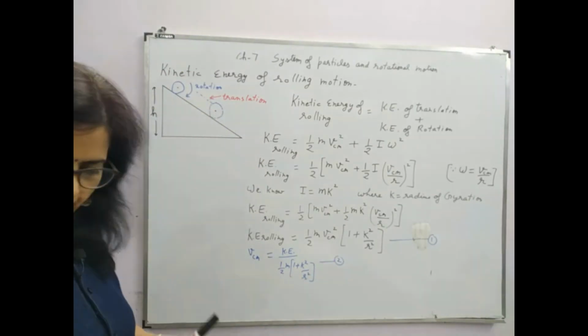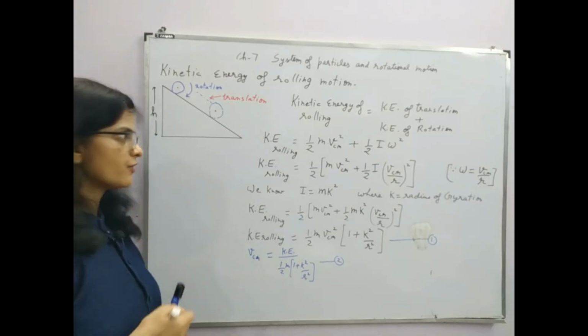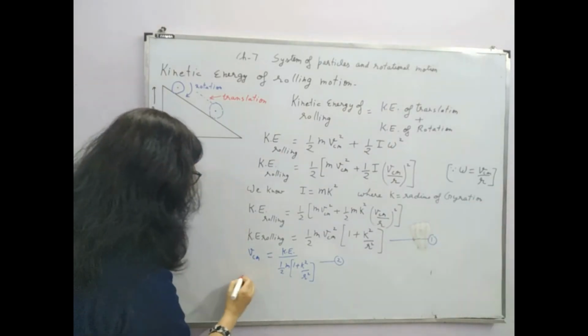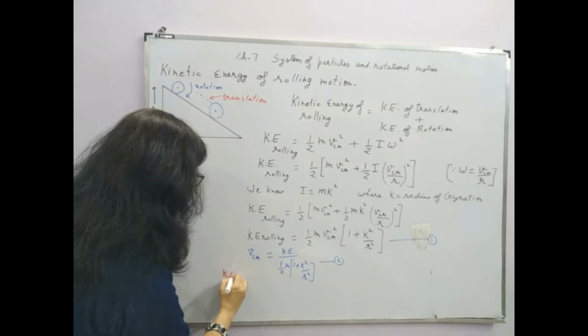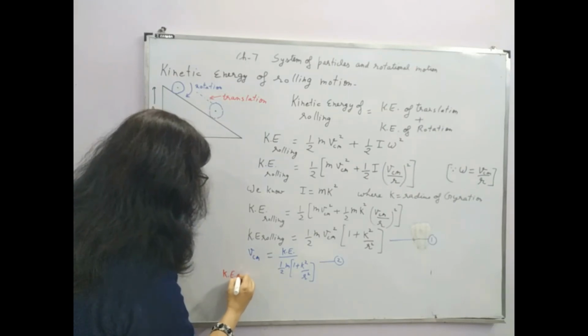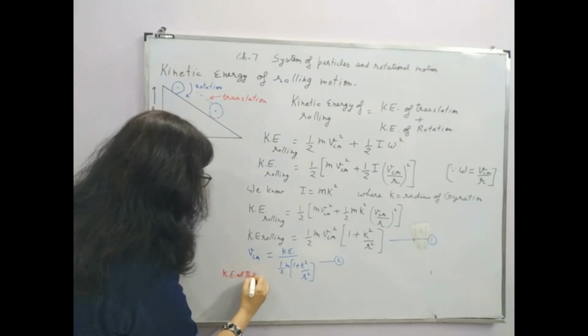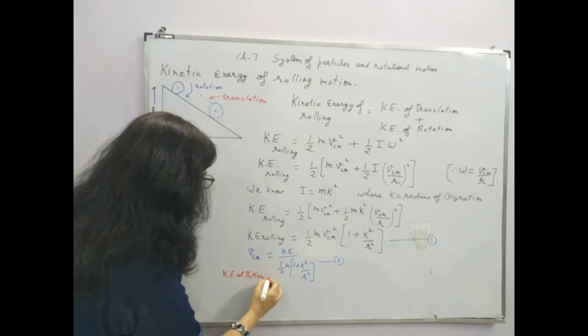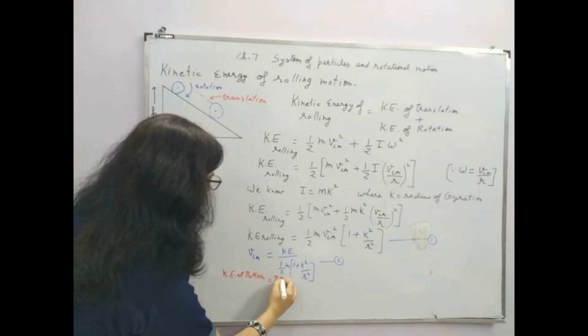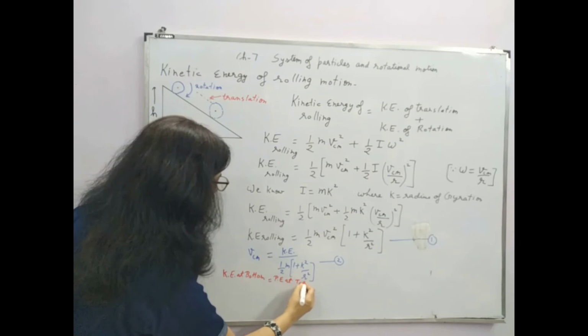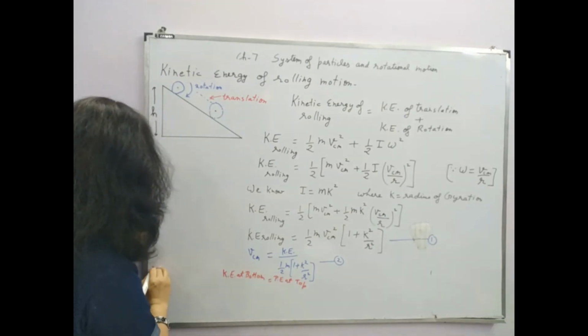Now also we can convert into another form by law of conservation of energy, that we know that kinetic energy at bottom is equal to potential energy at top. So this is by conservation of energy.